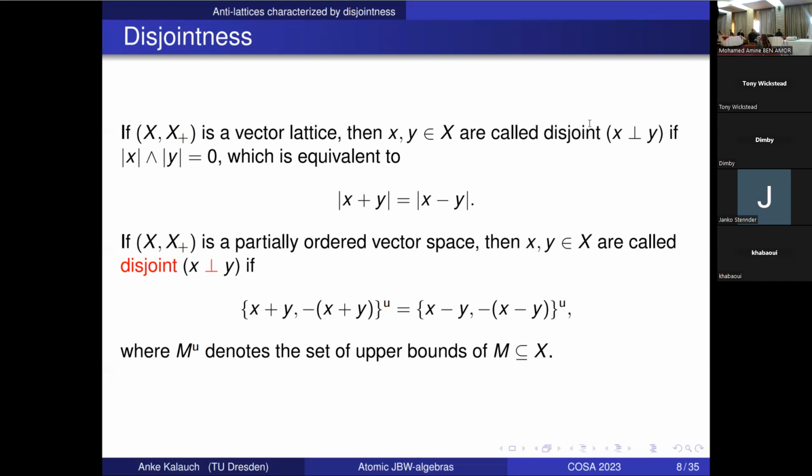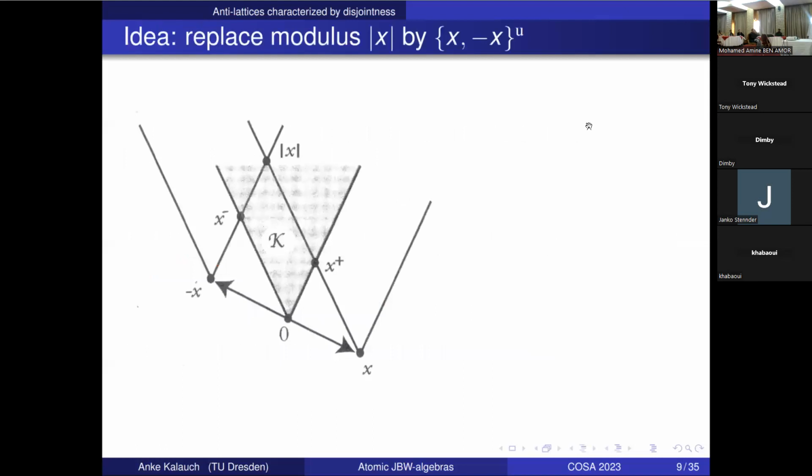And if you have reduced any definition in the lattice world to something where only moduli are there, then we can translate it very easily into a definition in partially ordered vector spaces. And maybe I show you the picture first. Instead of taking the supremum of x and minus x for the modulus of x, we just take the set of upper bounds of x and minus x, to replace the modulus by this set.